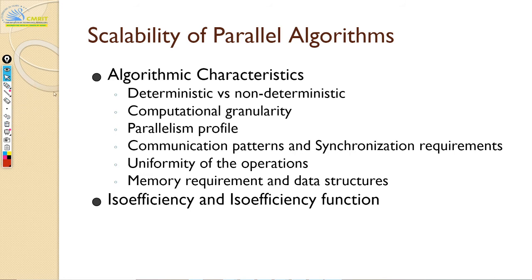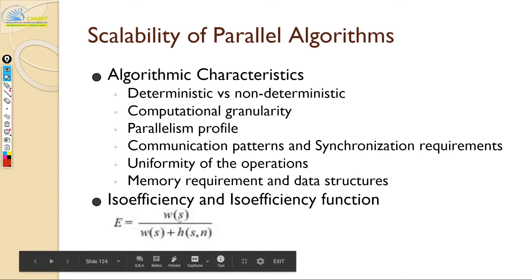Now what you can do is find out what efficiency is all about. Efficiency is nothing but your new execution time by old execution time. In other words, it's your new workload by your old workload. In other words, it is the workload that is currently being executed divided by your workload with overhead.